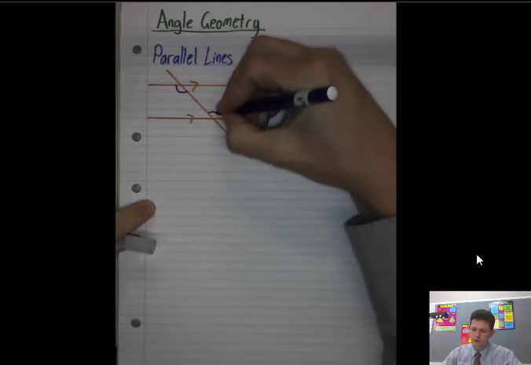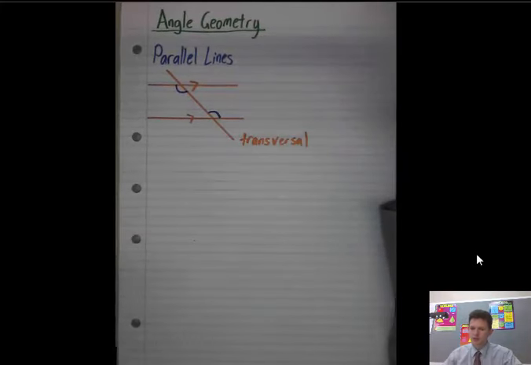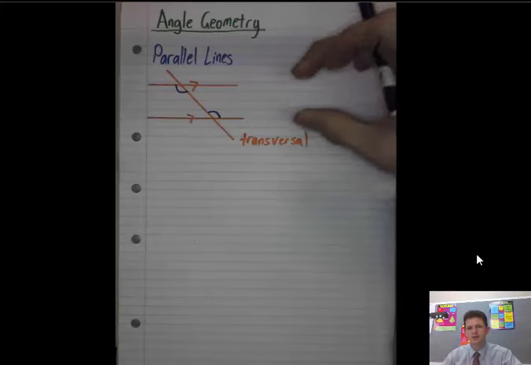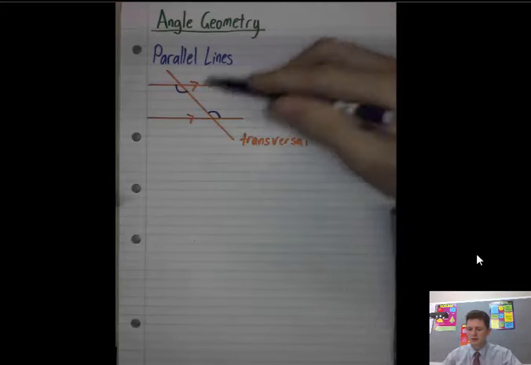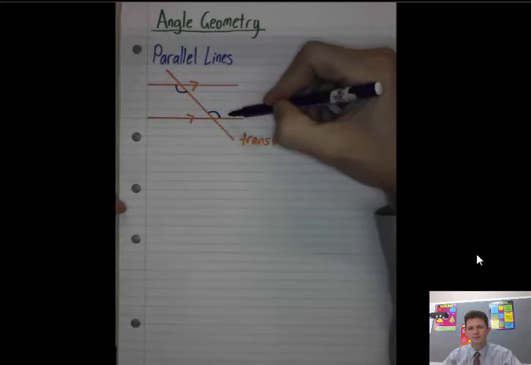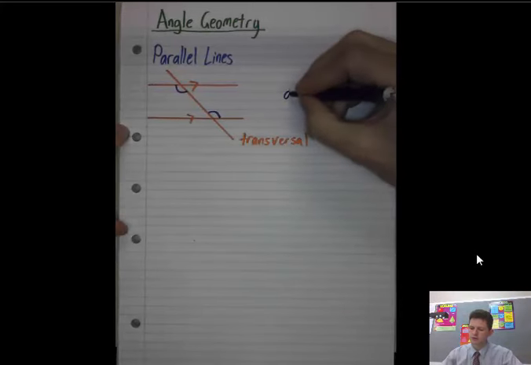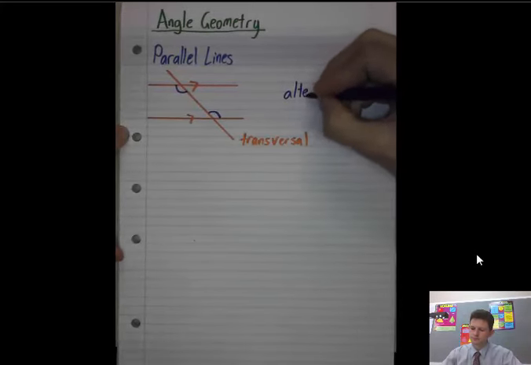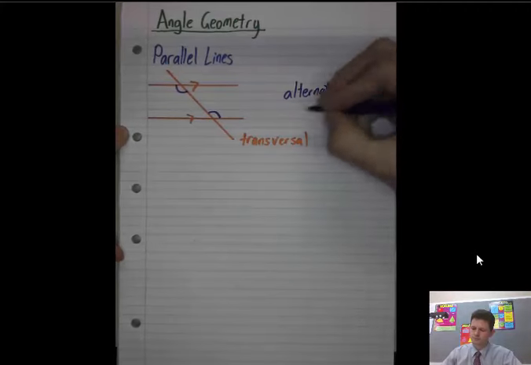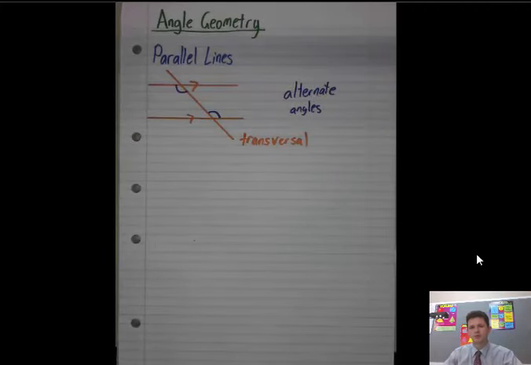So the first one I'm going to introduce is when we have 2 angles inside the parallel lines and on opposite sides of the transversal. They're called alternate angles. And the relationship between those 2 angles is they have exactly the same value.